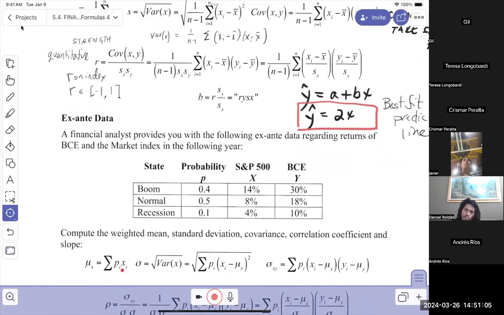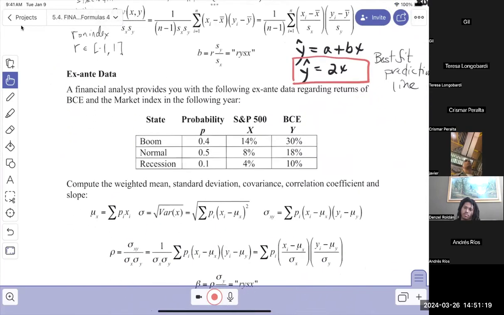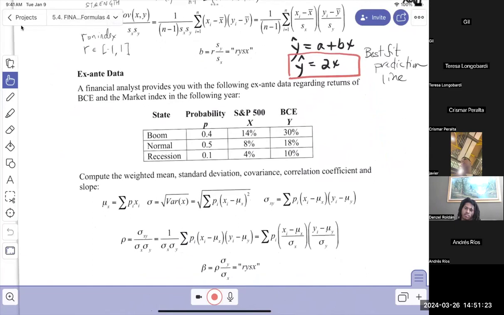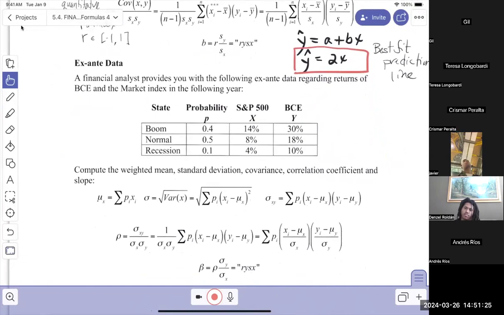Mean as the weighted mean, variance and standard deviation as the weighted standard deviation, the correlation, the covariance, sorry, the correlation and the slope. They're all Greek letters because what I'm looking at represents all possible outcomes. In other words, population level data. So I use Greek letters.